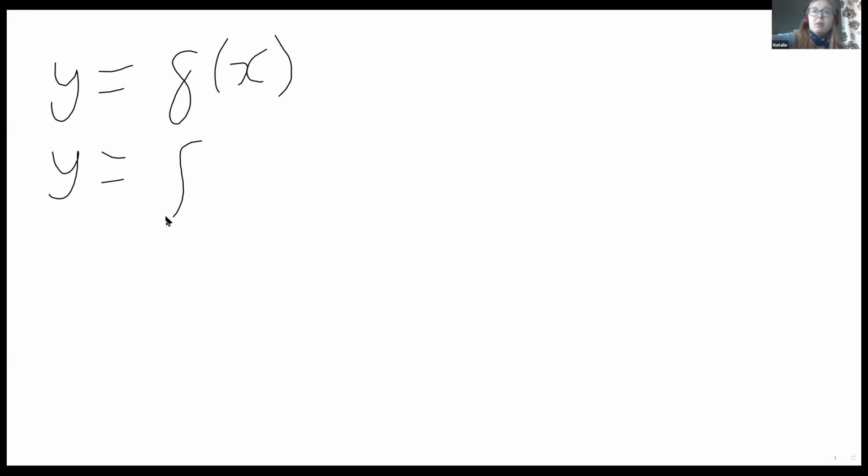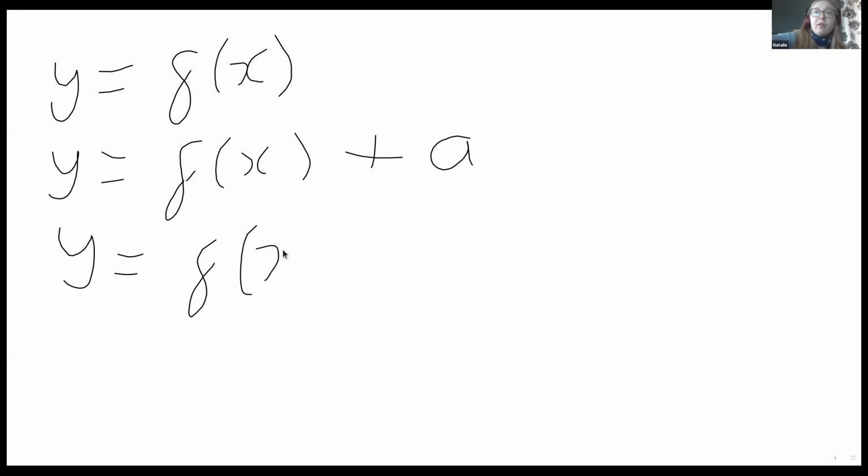So if I have the graph y equals f of x, the first two transformations we're going to look at are y equals f of x plus some number, which we don't know what it is, we're going to call it a, or y is equal to f of x plus a.